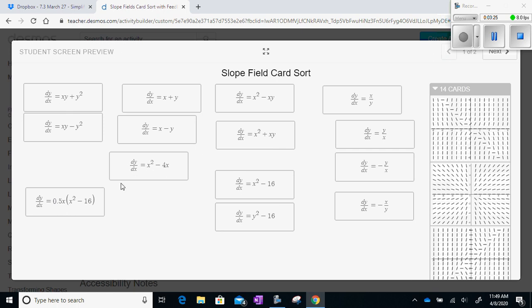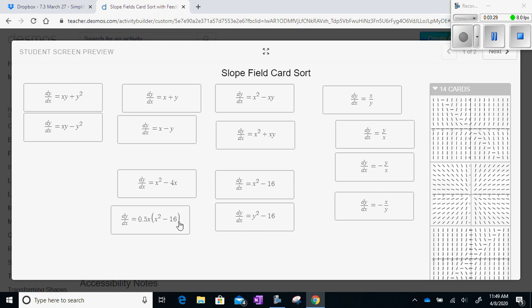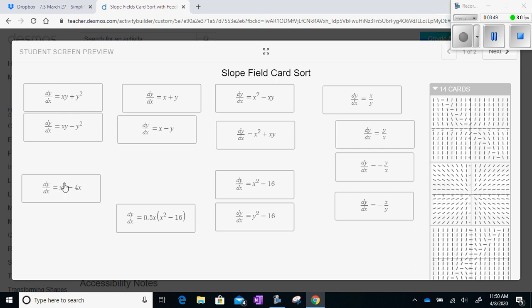And then these two here, I think they have something alike. As a matter of fact, all four of these differential equations are somewhat alike compared to the other 10 over here. This particular one only has x's on the right-hand side of the equation.